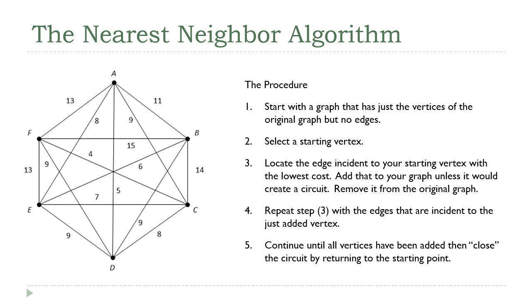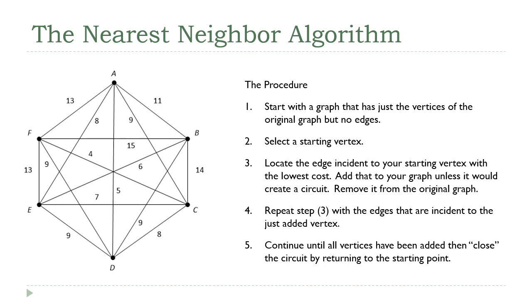I've got the procedure outlined here below, and obviously we'll go through some examples. The way this works is you start with a graph that has just the vertices of the original graph. We're going to strip out all the edges. Then we're going to select a starting vertex. You get to pick whichever one you like. Then we're going to locate the nearest neighbor to that vertex, the one that's closest to it, and add that to our graph.